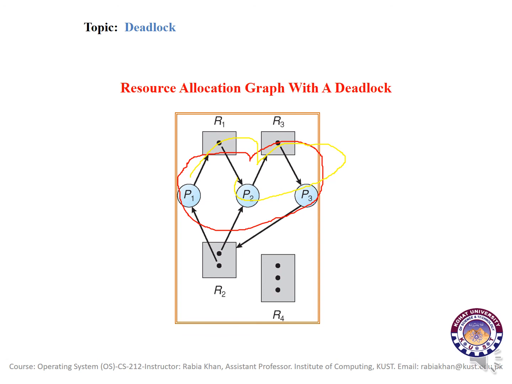Since all the four conditions of deadlock can be observed in this diagram, this represents a deadlock. We need to now apply some mechanism to eliminate deadlock, which we will be discussing later on.